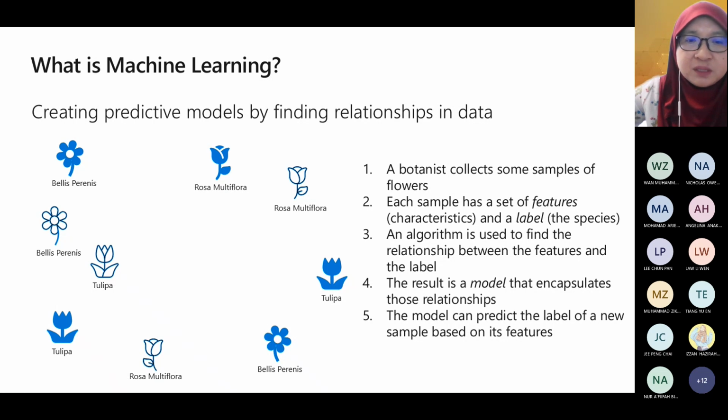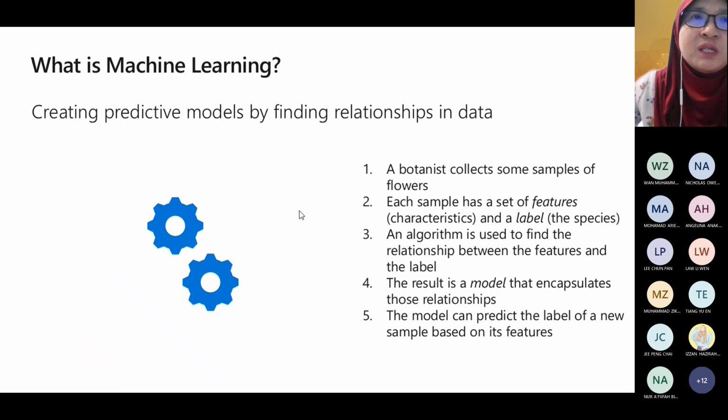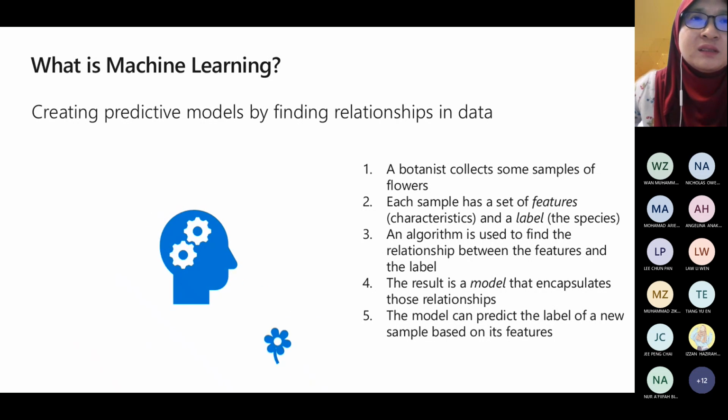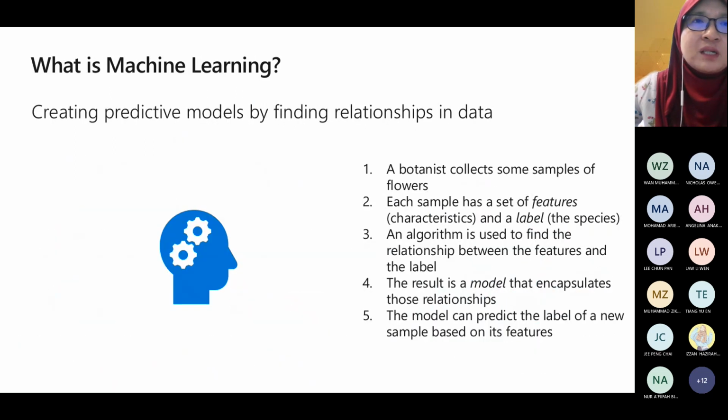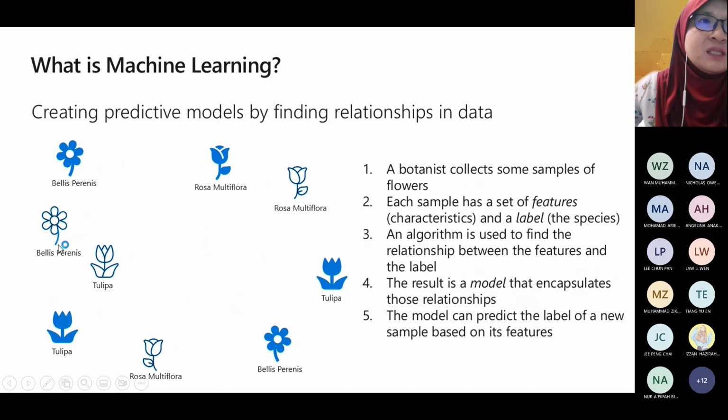So the result of the algorithm is a machine learning model, okay. It says Bellis perennis. So it comes into account on the best release. So with this part, they can classify everything.